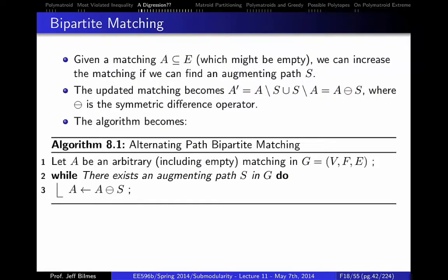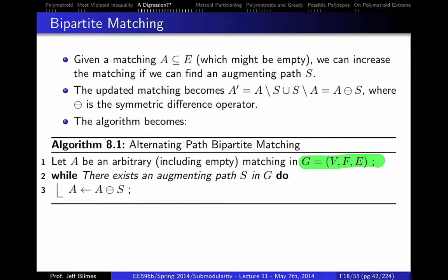And so we have this alternating path bipartite matching algorithm. We have a bipartite graph G, and let's start with an arbitrary matching, which could be the empty set, because the empty set is a matching too, right?